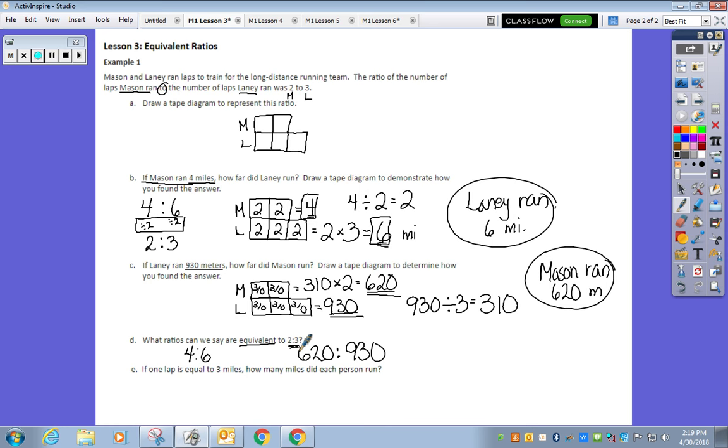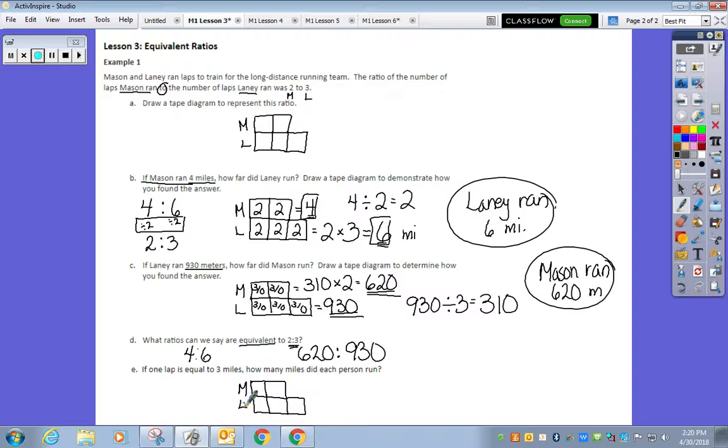Okay, so now the next one is just a little bit different. It says if 1 lap is equal to 3 miles, how many miles did each person run? So once again, the ratio stays the same. It's still a 2 lap to 3 lap ratio, Mason to Laney.